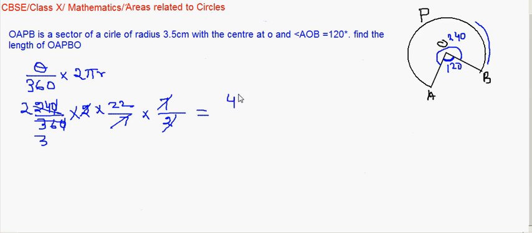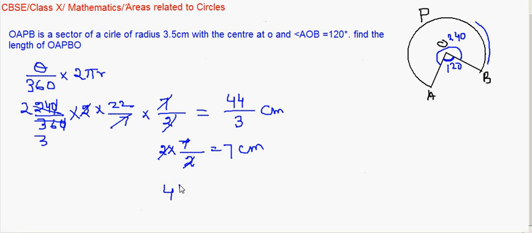This is about the circular part. We also have this OA and OB, which are R plus R, that makes it 2R. So 2 into R, which is given by 7 upon 2, is 7 centimeters. If you add both of them, we will get it.